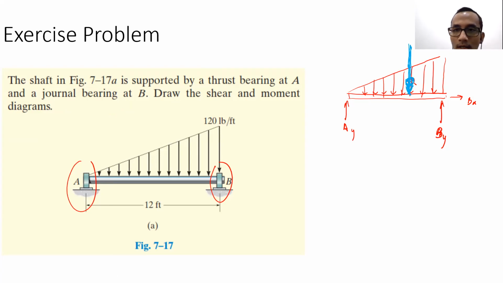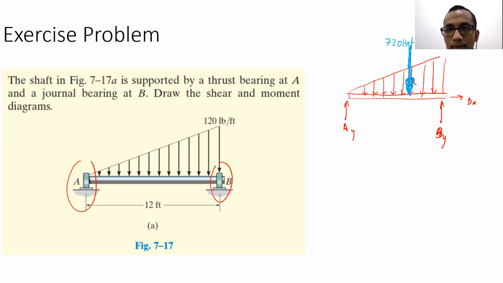What is its value? It's one half times 120 pound per feet multiplied by 12 feet, the area. So 720 lbf.